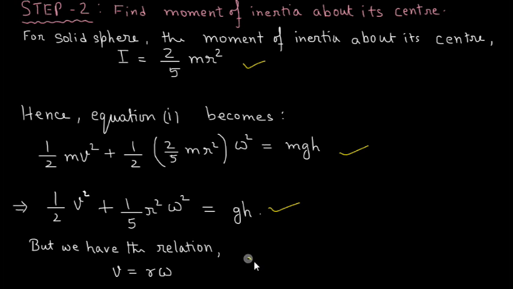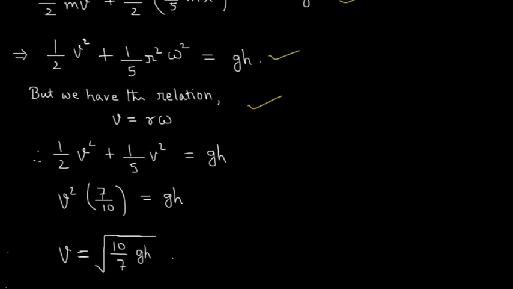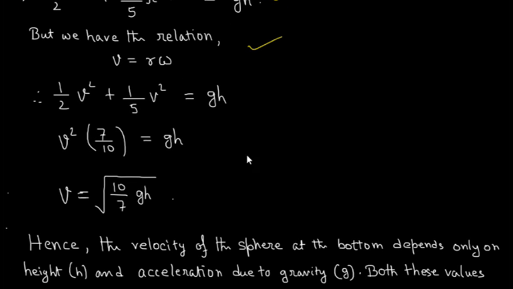But we have a relation v is equal to r omega. So putting the value of v, we get half v square plus 1 by 5 v square is equal to gh. V square is equal to 10 by 7 gh... v is equal to under root 10 by 7 gh.